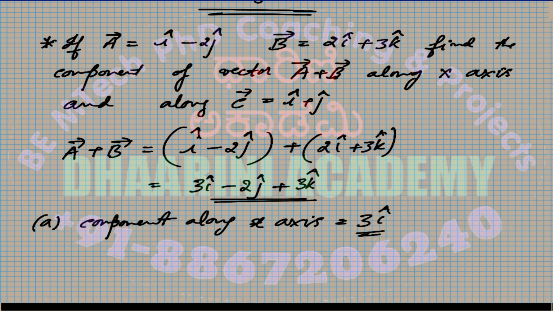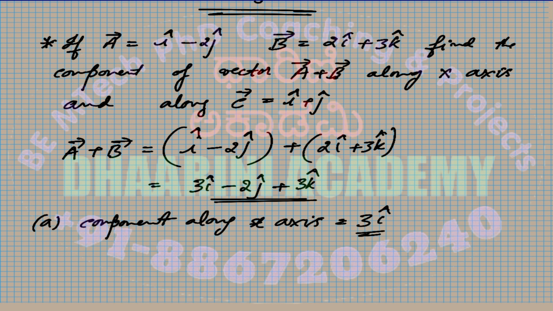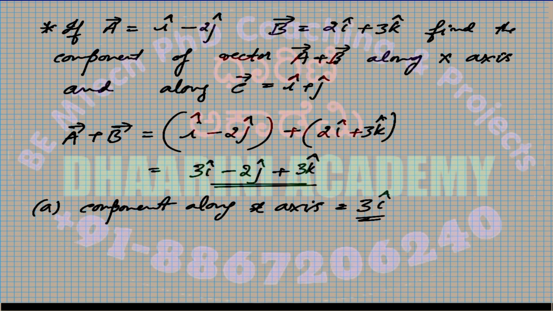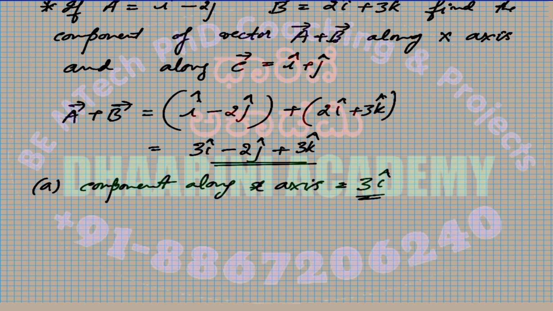The next part is, what is the component of this vector along C? Finding the component along C means you take the dot product of this vector with the C vector and divide by the magnitude of C vector.